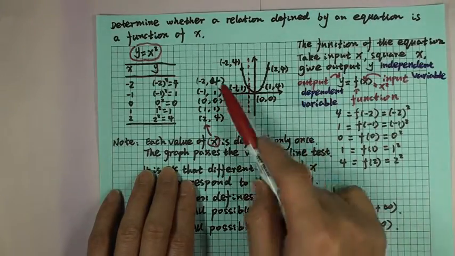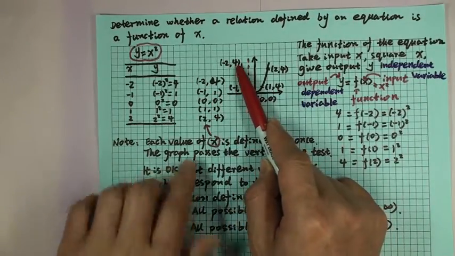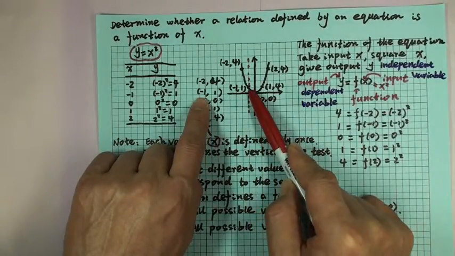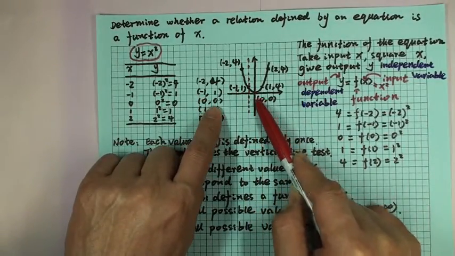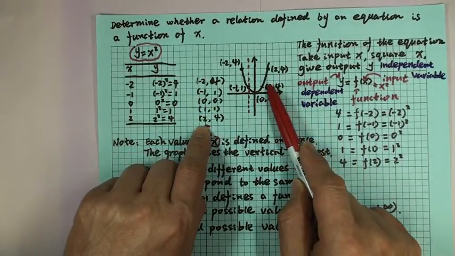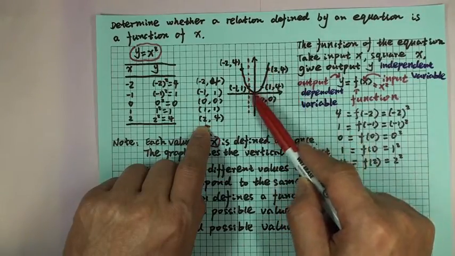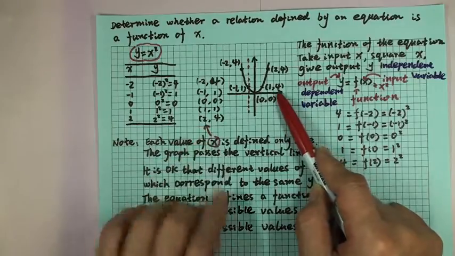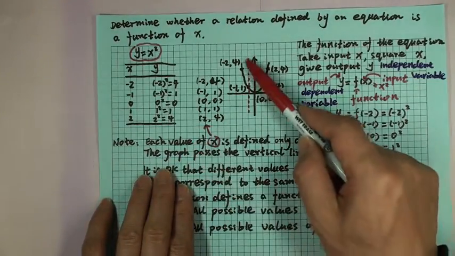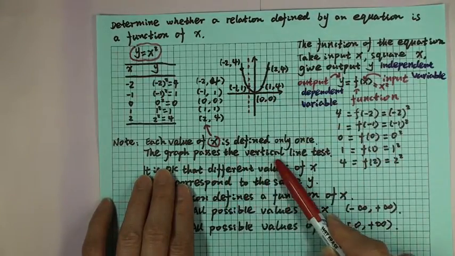Okay, and then when you put those pairs on the graph, you see -2, 4 is this one, -1, 1 is this one, 0, 0, 1, 1, and then 2, 4. There are 5 points. You connect it with a smooth line, then you have the graph. So when you draw a vertical line, you see the graph passes the vertical line test.